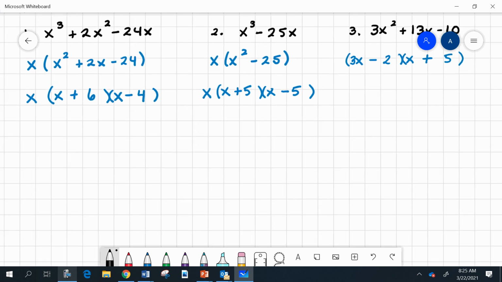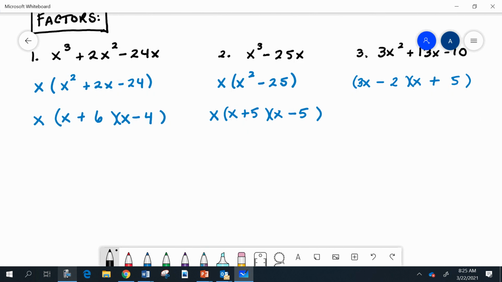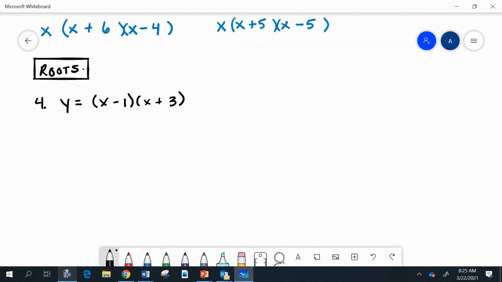All right, so the next thing is let's talk about roots. So if I have this equation y equals x minus 1, you know what, I'm going to go back and number this here. We'll just call this number 4, okay? So for number 4, if we have this equation y equals x minus 1 and x plus 3, then the question's going to be, what are the roots?